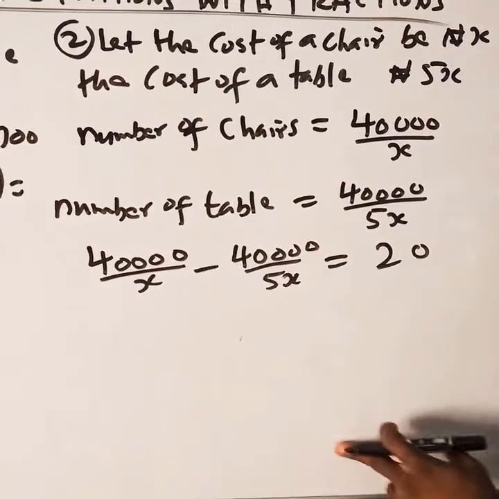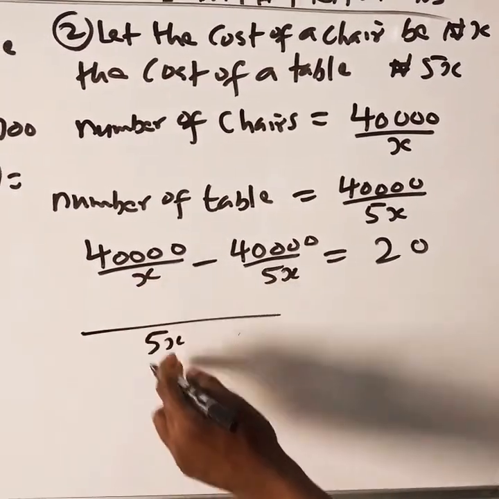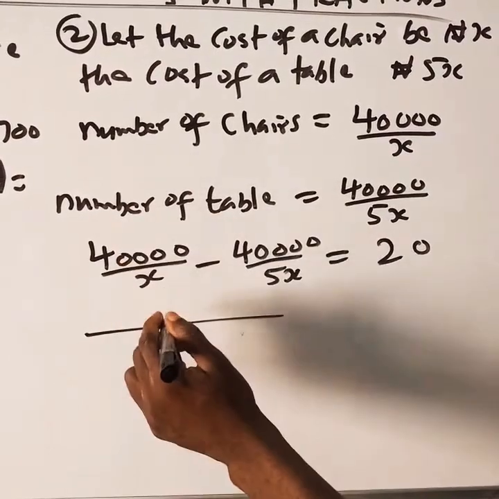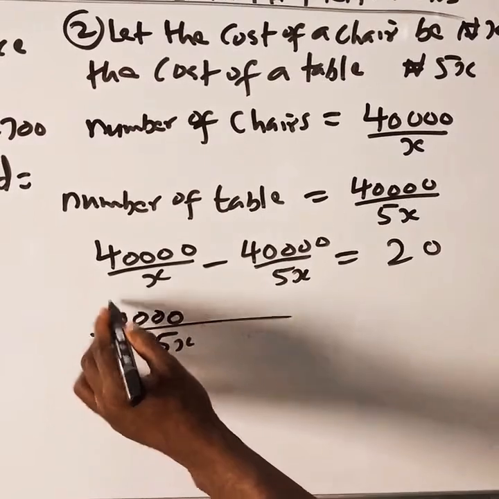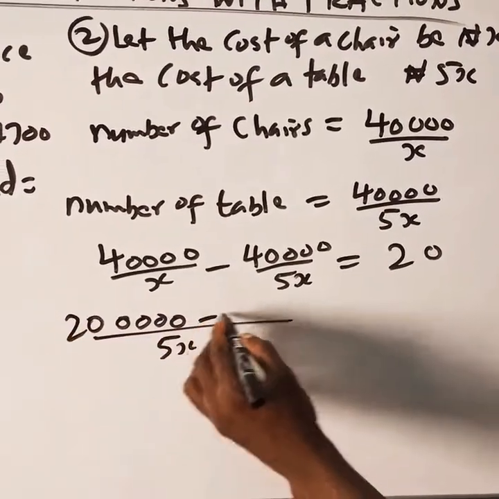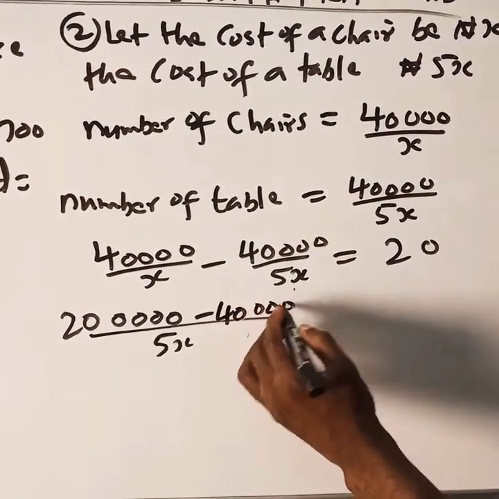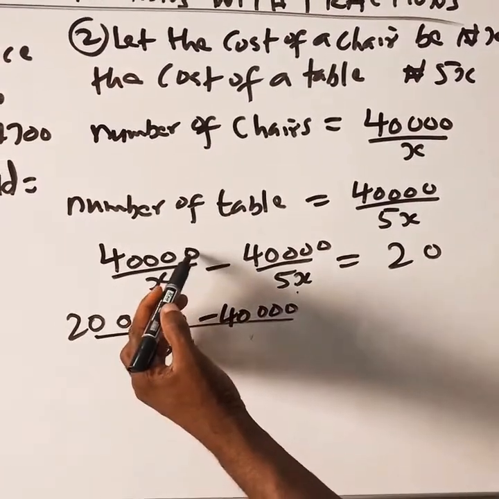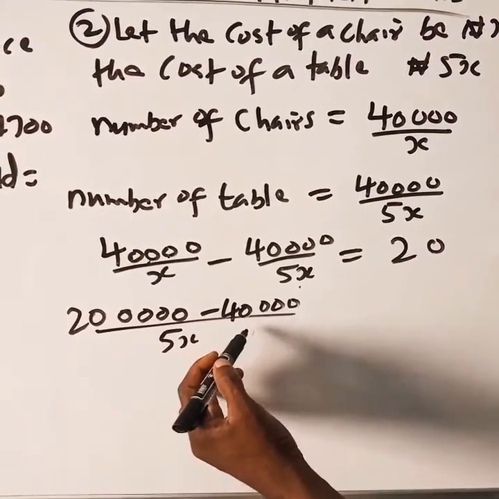So now the LCM here is 5x. x here is 5, 5 times 40,000. Then 5 times 4 is 20, minus 1 times 40,000. So that is 200,000 minus 40,000.